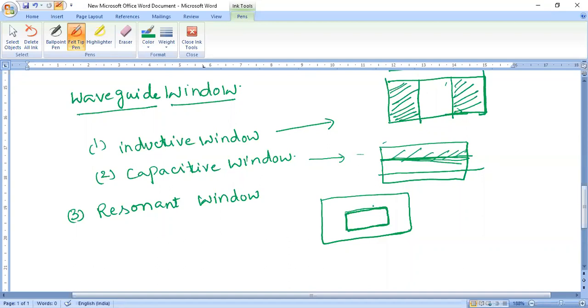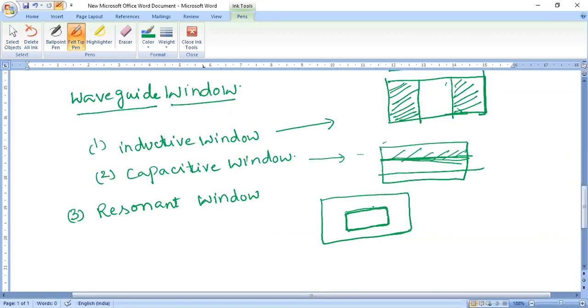A conducting diaphragm with a rectangular opening inside, parallel to the waveguide, gives you a resonant window. Whenever you make a resonant window inside the waveguide like this, it acts as a band pass filter.